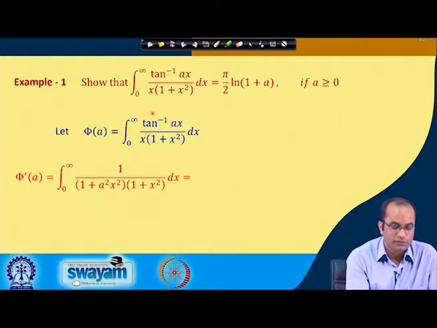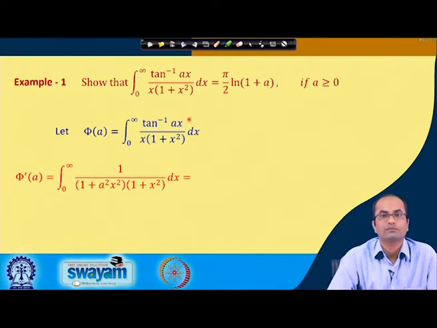The derivative of tan inverse(a x) will be 1 over 1 plus a square x square, and then the derivative of a x with respect to a will be x. So, there will be a term x in the numerator and there is a term x in the denominator, so this x will get cancelled with that x.